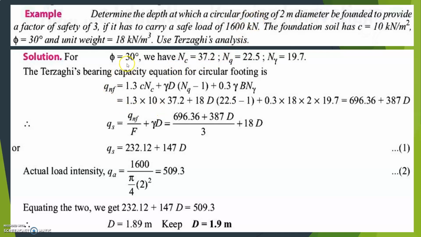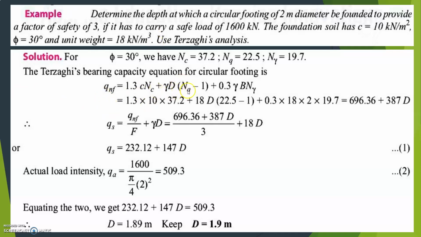Phi is equal to 30 degree, so assume general shear failure values. NC is 37.2, NQ is 22.5, and N gamma is 19.7. Here the gamma value is given, that is 18 kilonewton per meter cube. Now first find the ultimate bearing capacity, or you can find the net ultimate bearing capacity in one single step.